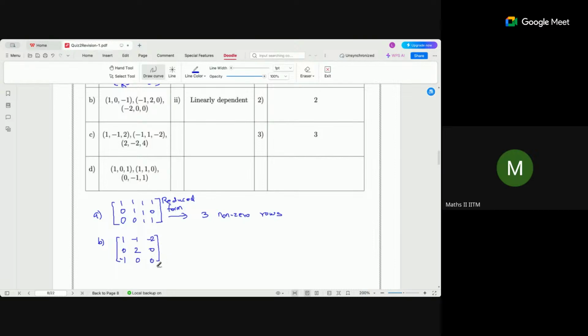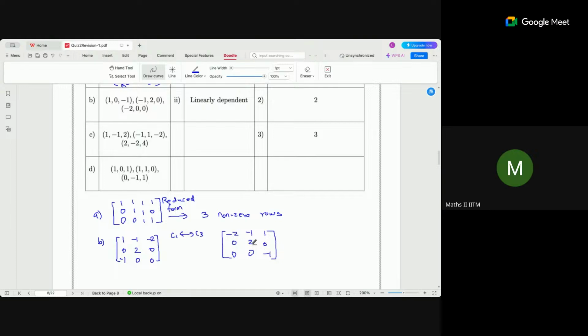Now we have to either find the determinant or find the row reduced form. You can try both ways. One easy method I see is that if you interchange column 1 and column 3, what will happen? You will get minus 2 0 0, minus 1 2 0, and 1 0 minus 1.